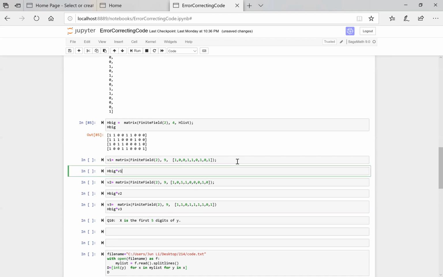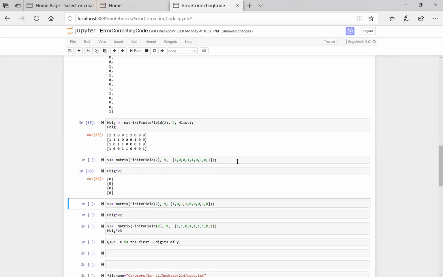We just multiply this thing by H on the left, right? If this is the 0 vector, that means there's no error, or this vector lives in the image of G big.